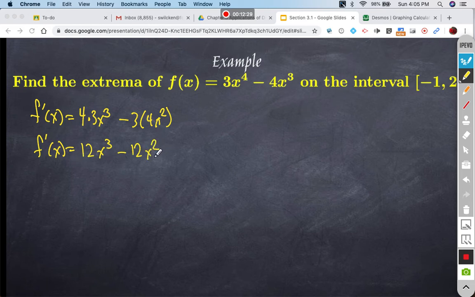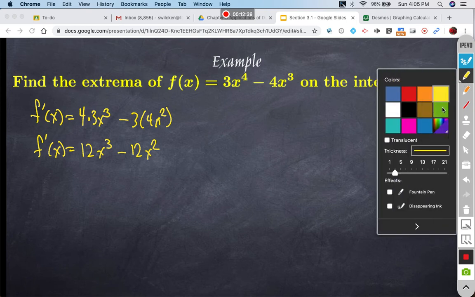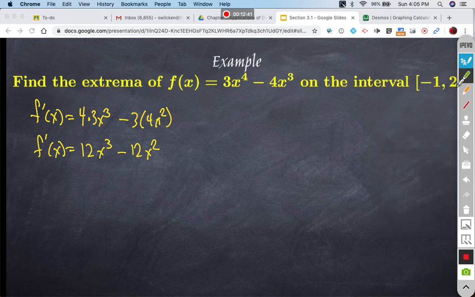This is a nice polynomial, so the derivative exists. This is going to exist on all values on the interval -1 to 2, so I don't have to worry about places where the derivative does not exist. So now I'm going to set this equal to 0 and say 12x cubed minus 12x squared, which very nicely has a 12x squared I can factor out.